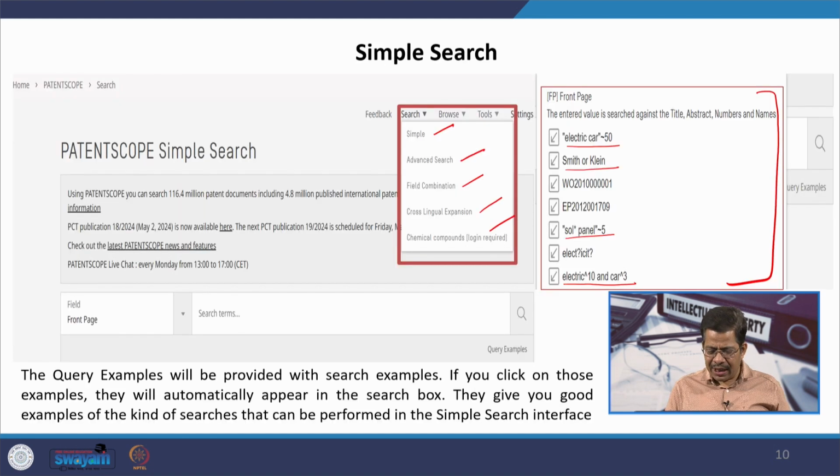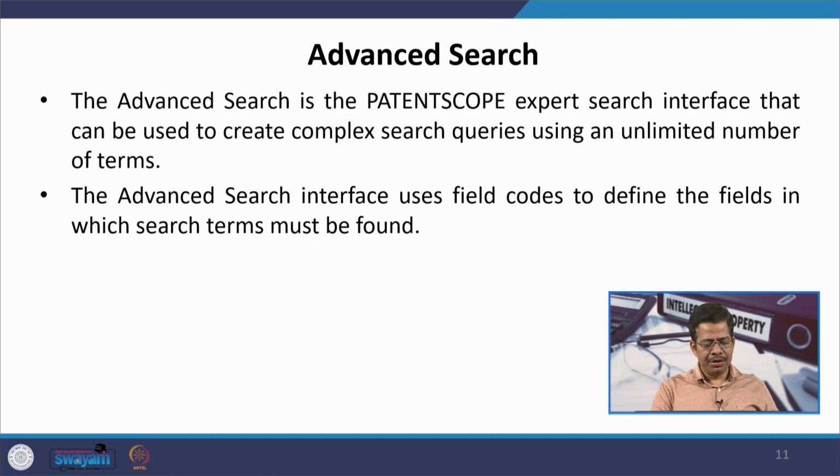We will see that if possible we will also show you a live demo of this particular case where we are going to change the field, and by a simple search itself you will be able to get a lot of useful information. After simple search you can perform advanced search also.